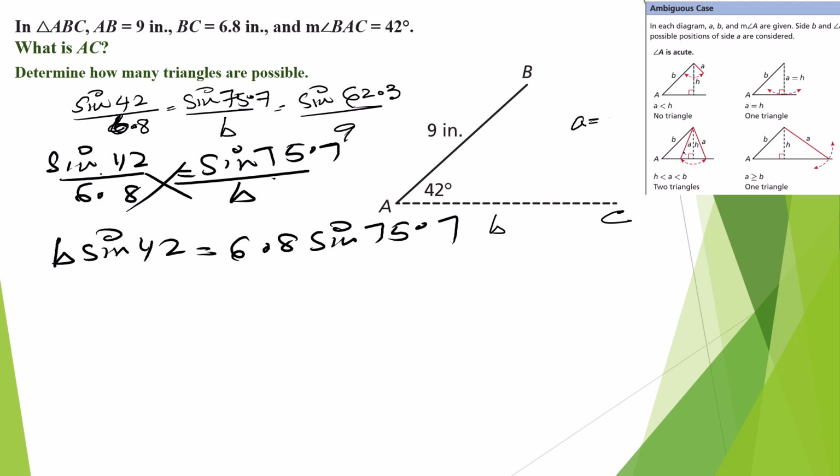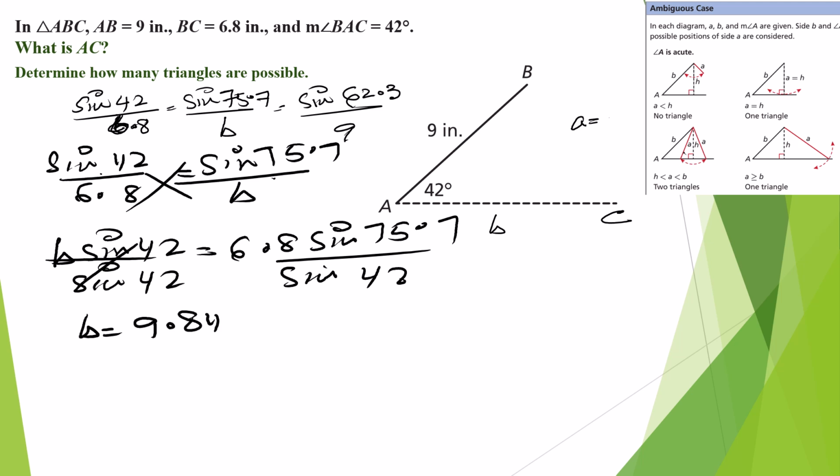We divide both sides by sine 42. So what do we get? We will get 6.8 sine 75.7 divided by sine 42, and it will give us 9.84. So b is 9.84.